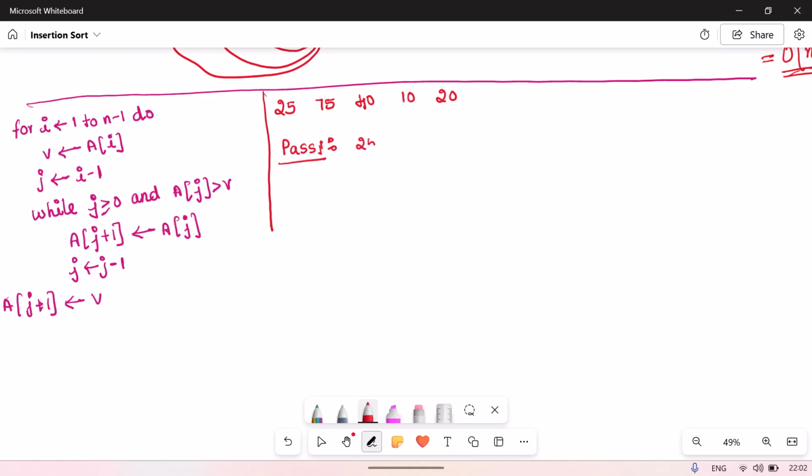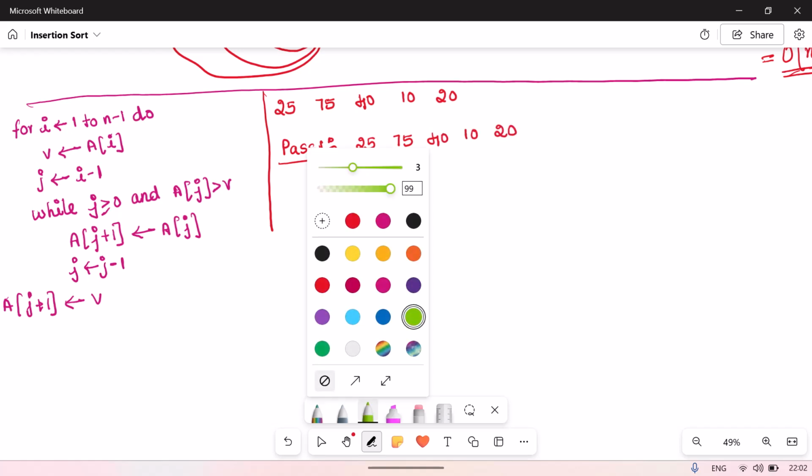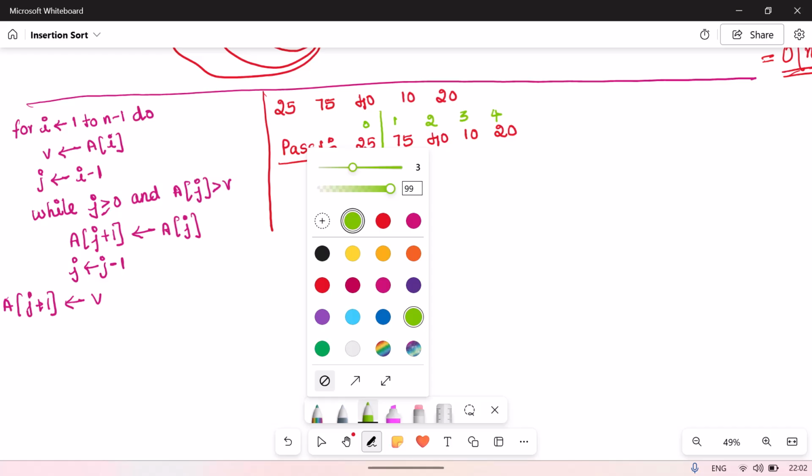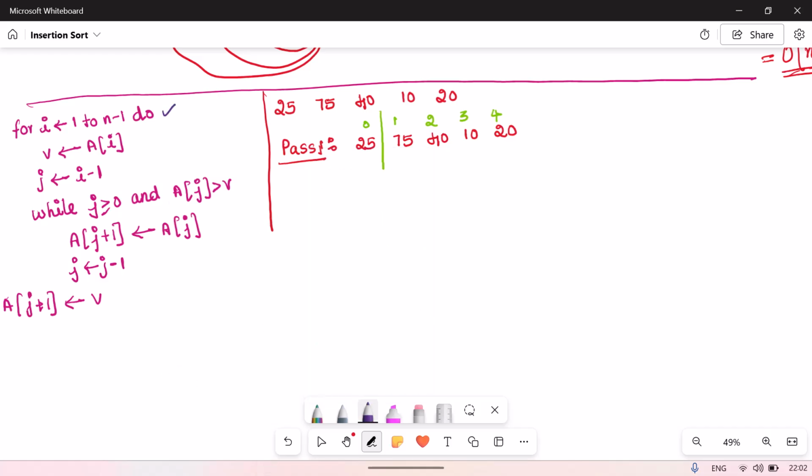Elements are 25, 75, 40, 10 and 20. Let me write the index 0, 1, 2, 3 and 4. We'll assume that 25 is the sorted one, then 75 and the rest of them are in the unsorted list. So it says we are here, okay.